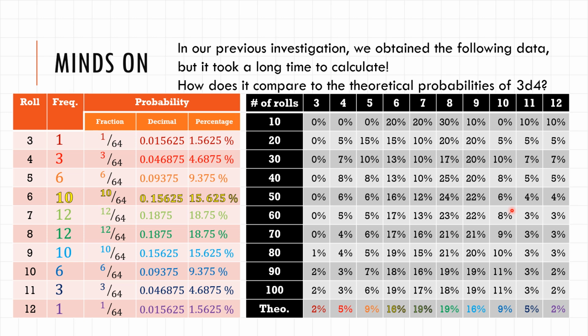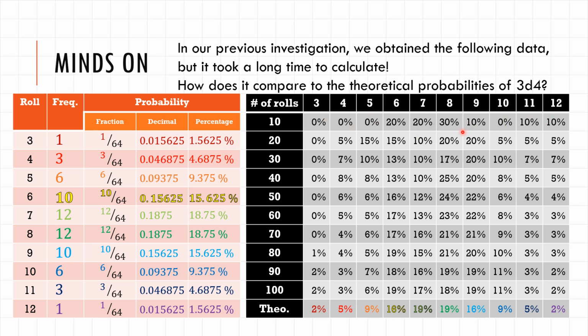You may have noticed that 11 and 12 seem to have the same probability, except once we start getting towards 90 and 100 rolls. Until then, they had very similar probabilities. You may have noticed that even with 10 rolls, the middle numbers seemed very high, although with 10 rolls, it seems a little bit more chaotic over here.